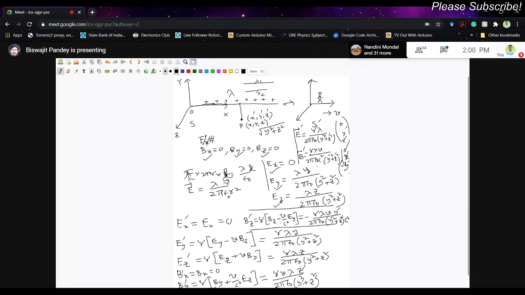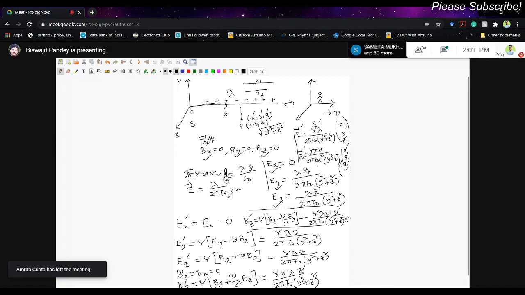The kind of problem that we have discussed is basically transformation of electric field and magnetic field. We are assuming there is some pre-existing electric field which is exerting force on some test charge, and then we are transforming them and calculating the forces. So that was the idea behind this application of transformation of four forces.